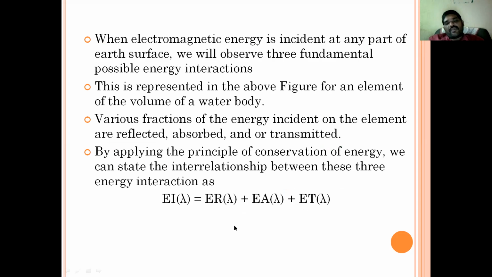Here you are observing one equation, E_I lambda. We are representing the energies with respect to wavelength. E_I lambda is the incident energy, which is equal to reflected plus absorbed plus transmitted. Suppose your friend has given 100 rupees to you.